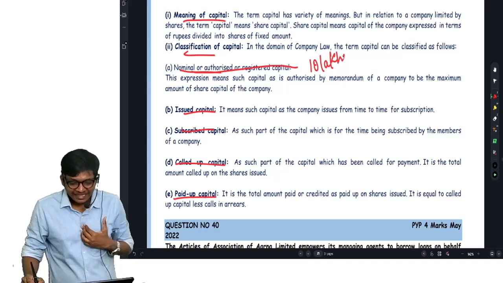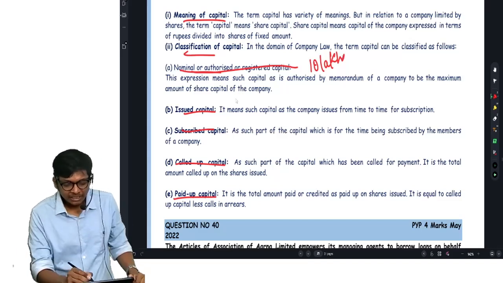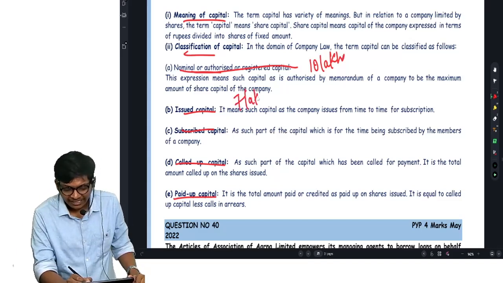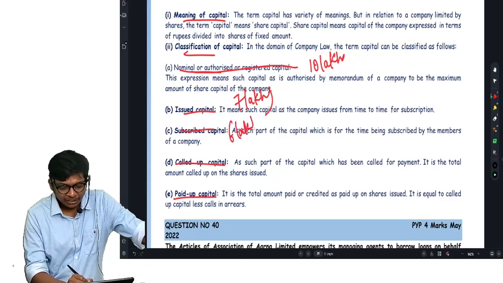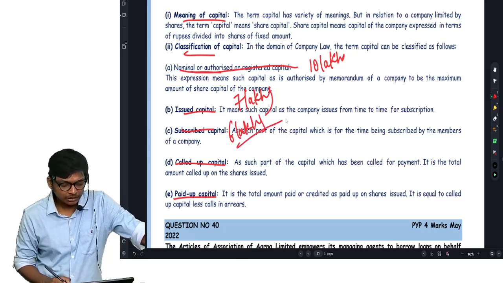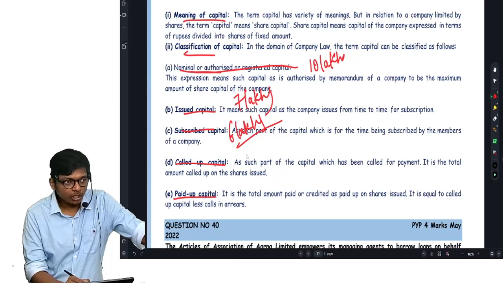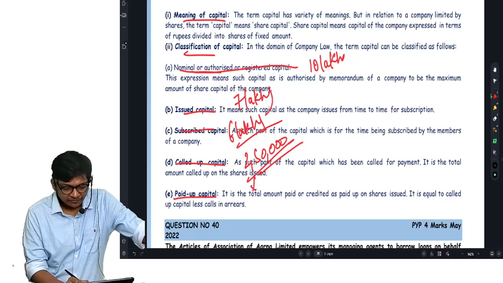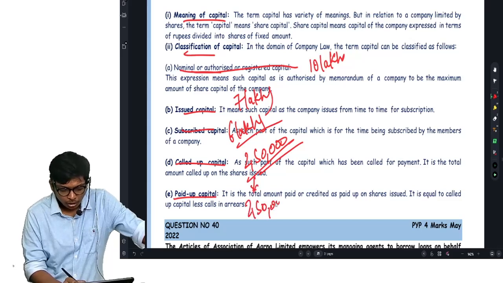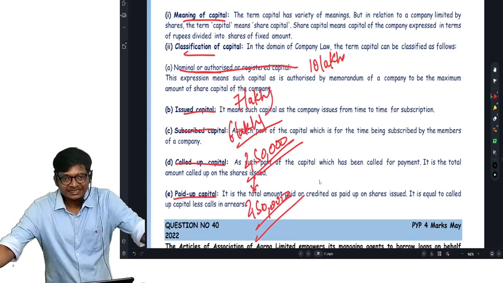Of this 10 lakhs, I issued 7 lakhs. People subscribed only 6 lakhs. Calls were made for only half, so 2,50,000. If there are no calls in arrears, called up and paid up will be the same.